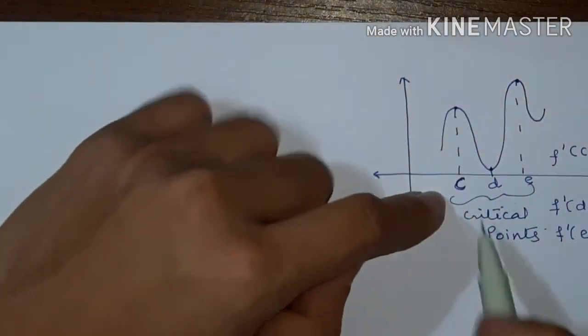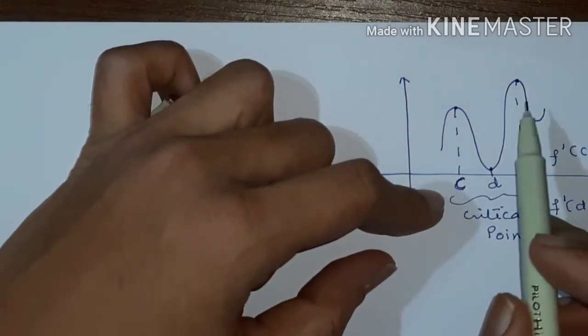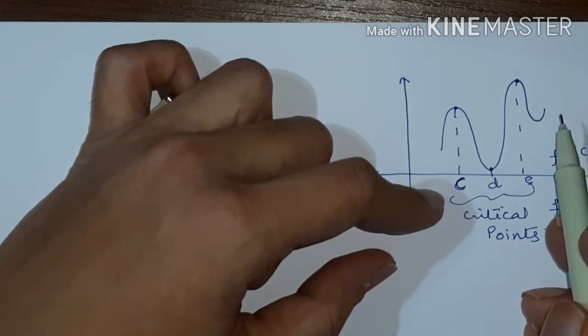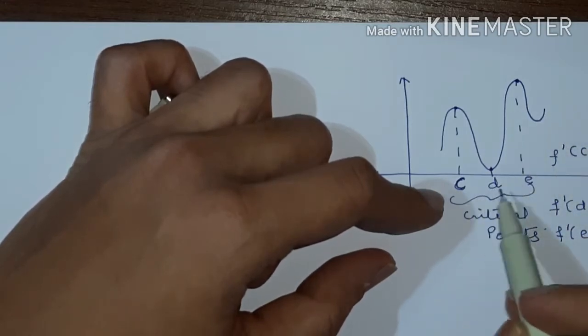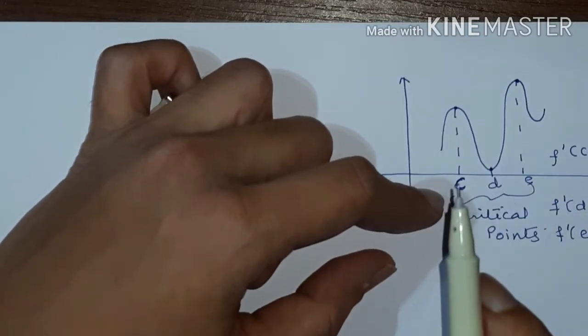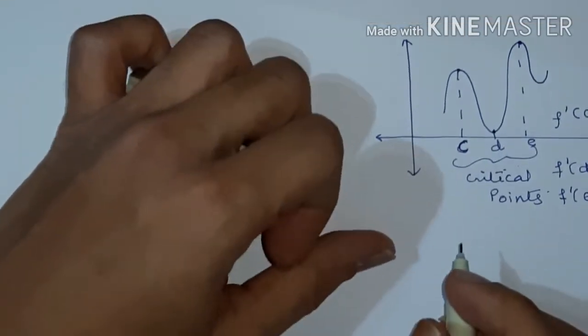Now suppose the function doesn't have critical points, that means the function will not have local maxima or local minima. If you don't have these points, how can you find the local maxima or local minima?